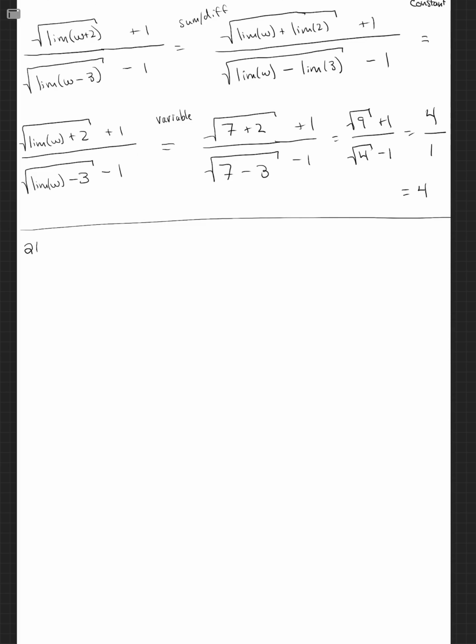So if we do problem 21, this was the limit as t goes to 25 of 3 square root of t minus 1/5 t. Right. So we use the quotient rule again.